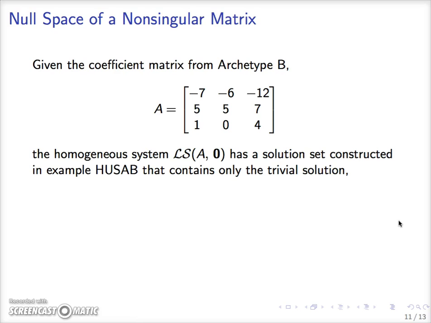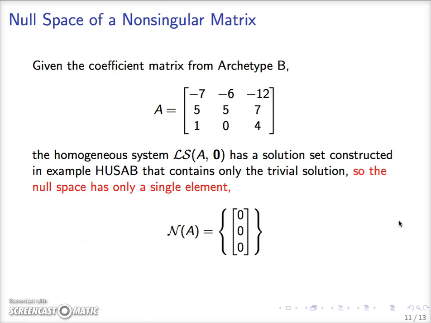Now we consider this 3 by 3 matrix as the coefficient matrix of the homogeneous system that has 0 as the vector of constants. And in this case, the null space contains only the trivial solution.